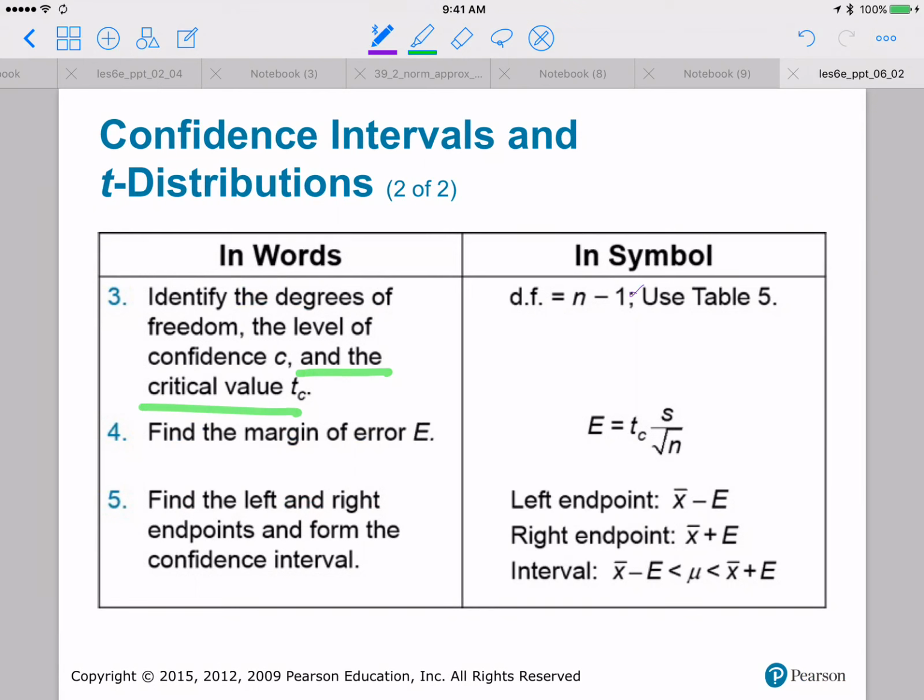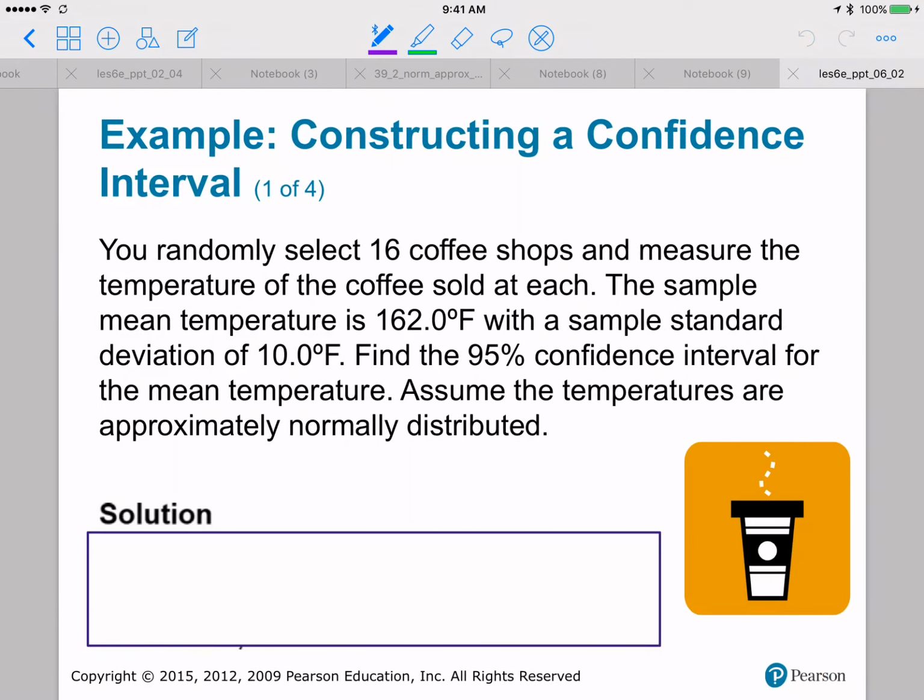Now I'm going to say make sure that you practice finding it with your technology, with your calculator, because you're not going to be able to use tables on the exam. So you want to make sure you know how to find your critical T and your critical Z on your graphing calculator. Then you've got your formula here for your margin of error. And you find your left and right endpoints by adding and subtracting the margin of error from the sample mean.